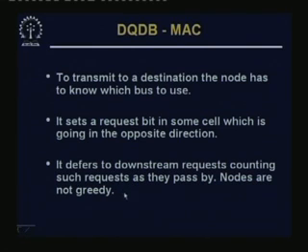Nodes are not greedy. So, this is the heart of the protocol. Because otherwise what would happen is that if you simply get an empty cell and want to put in your data, then those nodes which are towards the end are sort of favored, and it is not a fair system any longer.